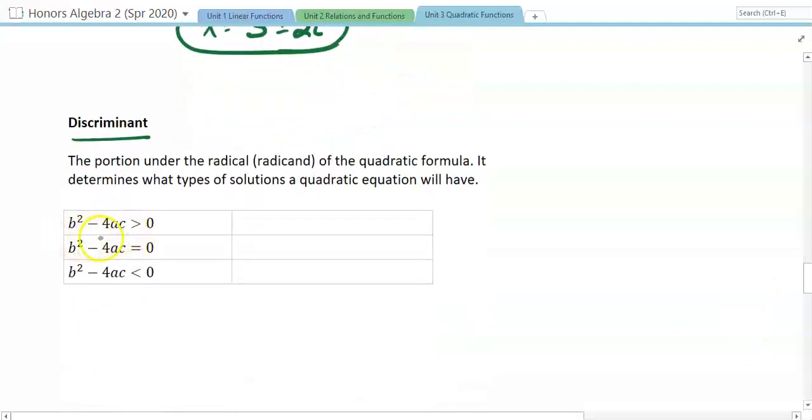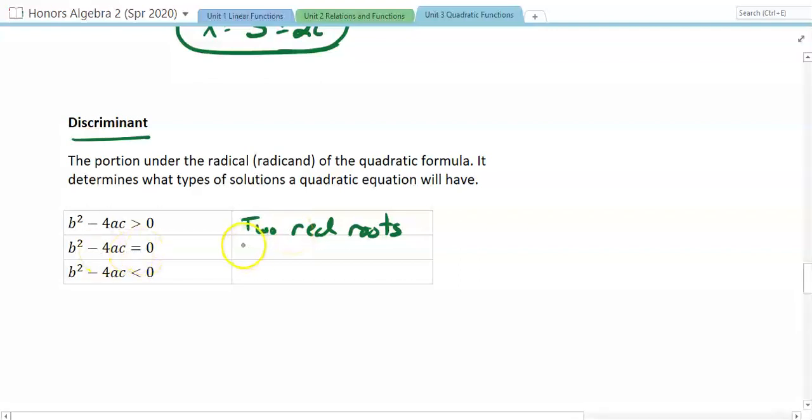The b squared minus 4ac, that's the part under the radical. If the b squared minus 4ac, the discriminant, ends up positive, we end up with two real roots. They might be rational if that square root simplifies nicely, or they'll be irrational if the square root does not simplify nicely.